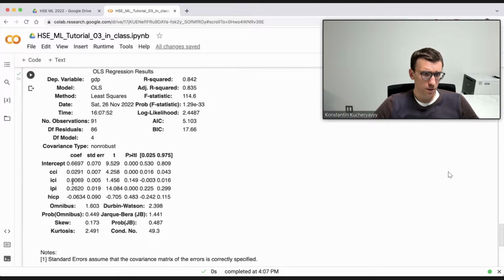Estimate. Of course nothing changes in terms of the statistics, but the coefficients look a bit better. So what we see is that inflation is not significant and industrial confidence indicator is not significant, but let's keep them anyway.